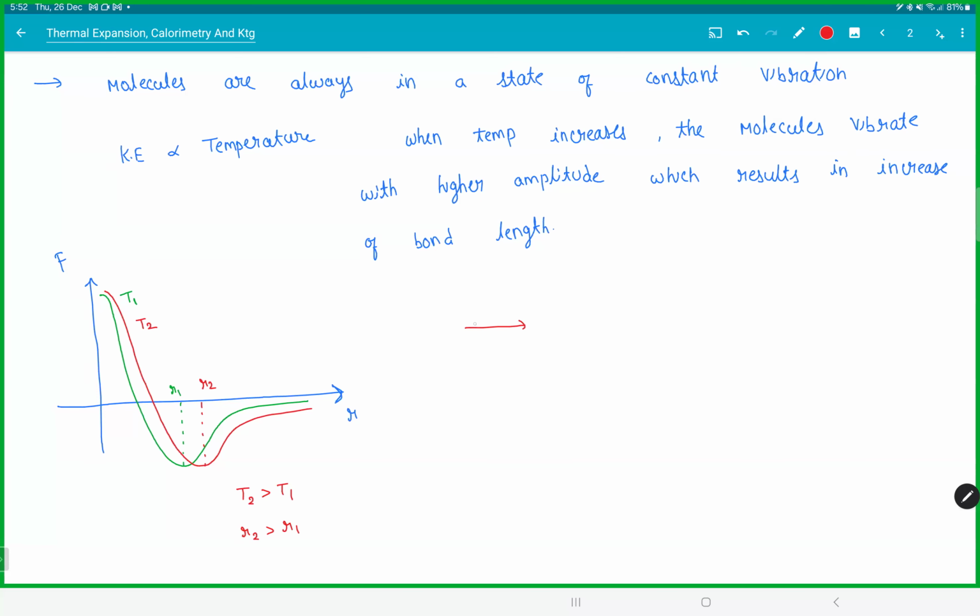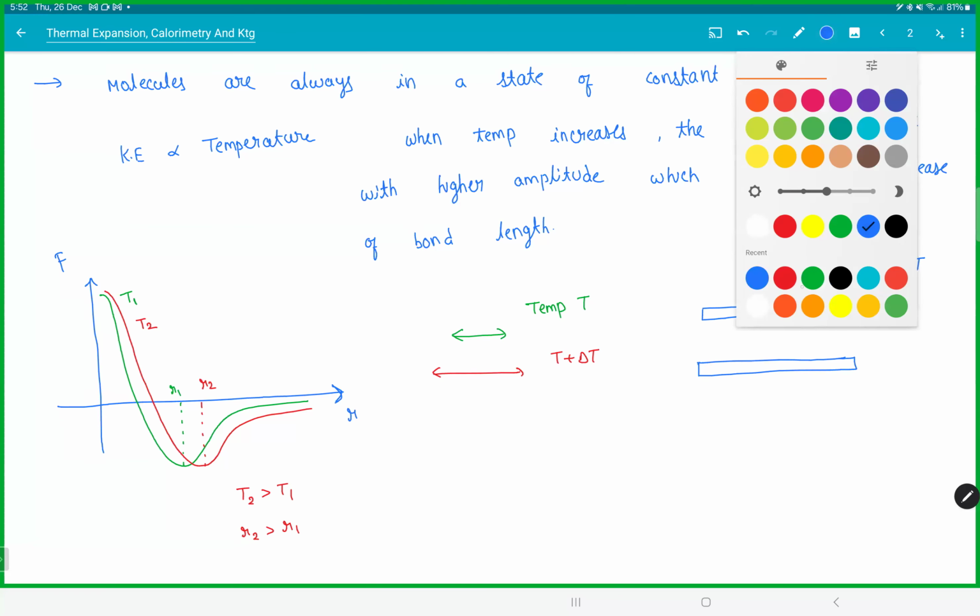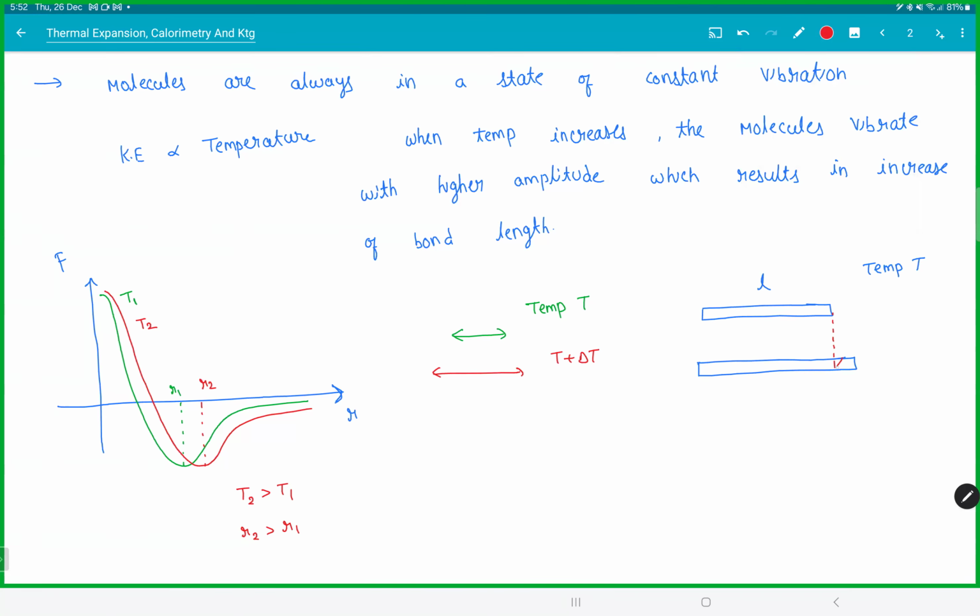So at temperature T, let's say the molecules are occupying this much. When you increase the temperature to T plus delta T, the bond length increases. So when you take a rod here of length L at temperature T, and you increase the temperature to T plus dT, because each molecule is pushing, there will be a slight increase in length dL.